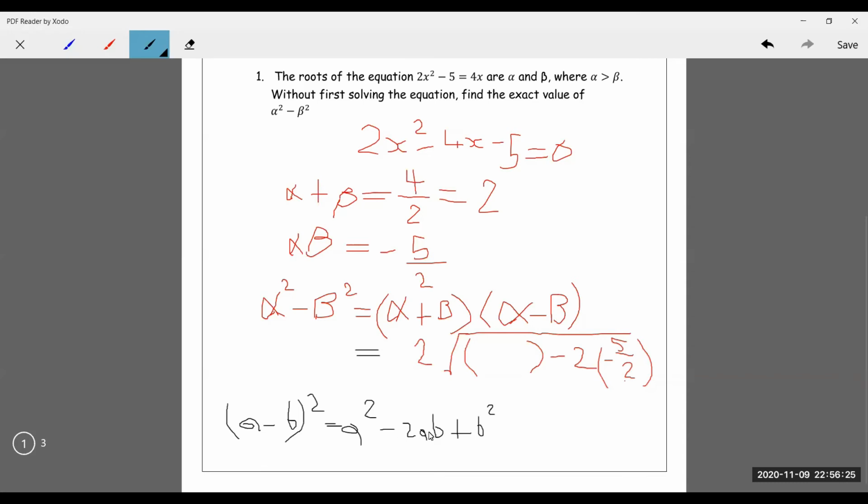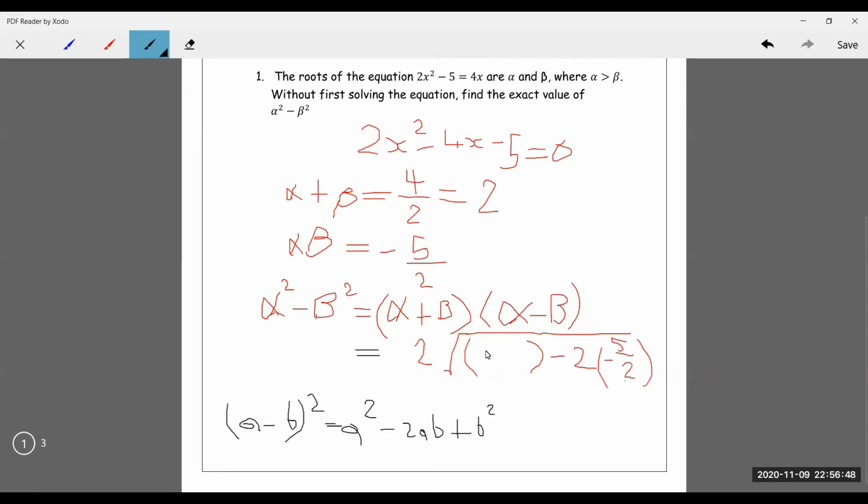Alpha squared plus beta squared is just alpha plus beta all squared minus 2 alpha beta. That's how we get it right here.